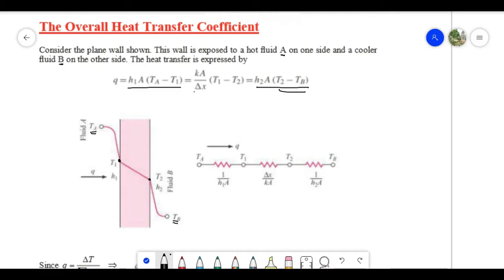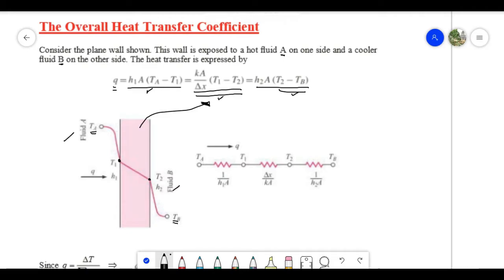That's why this equation is our conduction equation, wherein T1 is on the side which is hotter than T2. Q is equal to the convection in fluid A, the conduction of the wall, and the convection for fluid B, because we assume that Q is constant all the way from fluid A to fluid B.